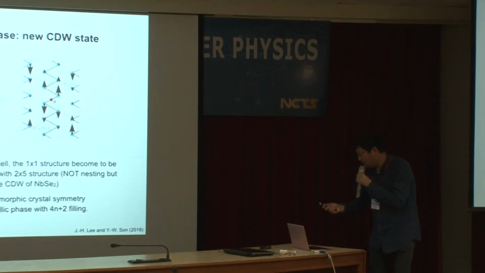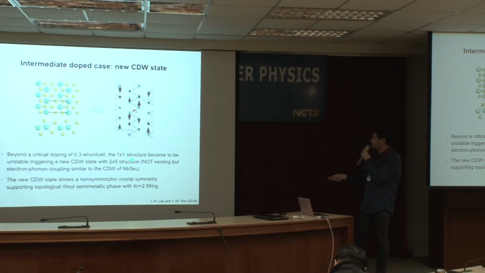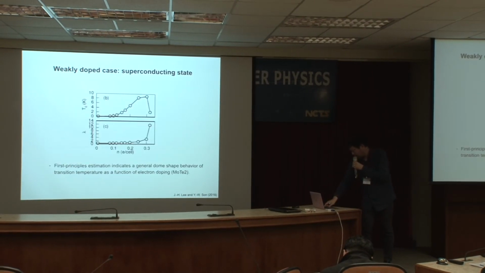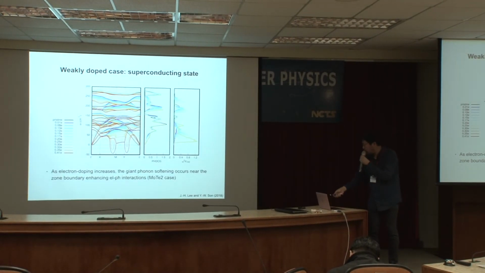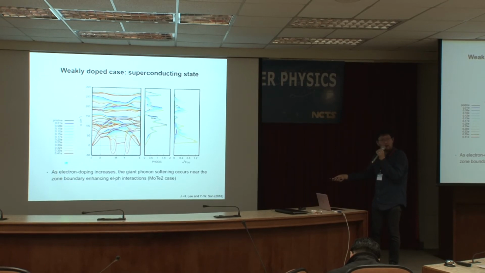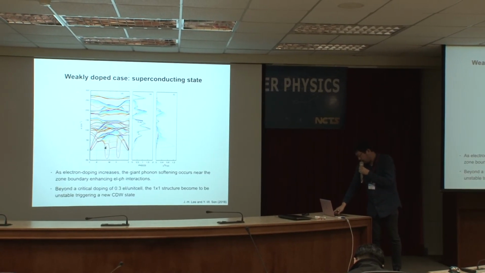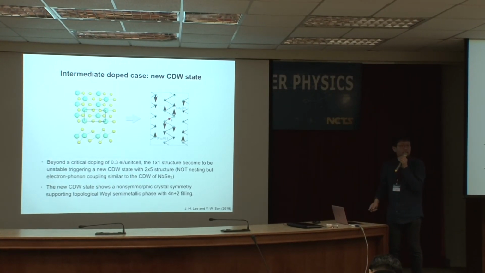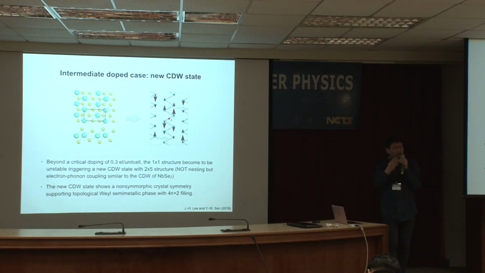Yeah, 2D. 2D has a non-symmorphic symmetry. Okay. It's a crystal structure. When you have a CDW, it's a very interesting case. So this is a 2x5 superstructure. In these cases, you have an unstable quantum mode. Then you have 2 non-symmorphic symmetry operations that protect the band symmetry.